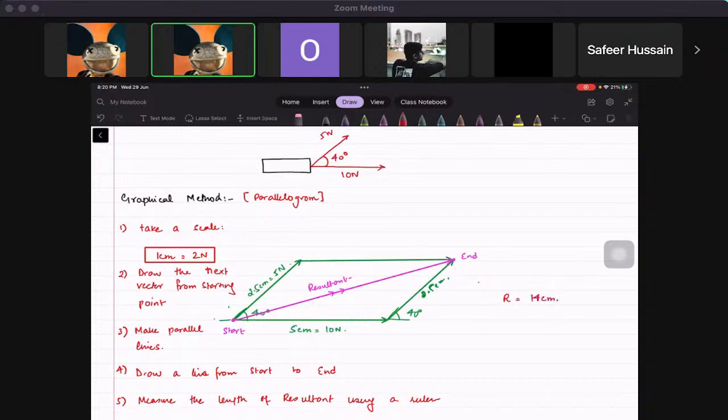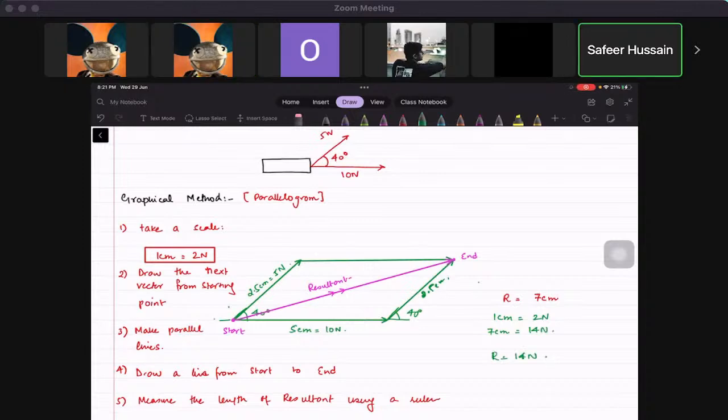Not 14, that's too much actually, sorry. Let's say it came out to be 7 centimeter. Then you would say, okay, if 1 centimeter on my scale was 2 newtons, then 7 centimeter would be, you cross multiply, 14 newtons. So you get 14 newton as the resultant. Is it clear?